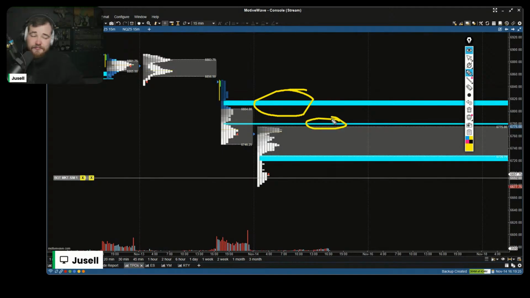These tend to be magnet levels. Not necessarily for today, but for next week, these could be really great levels to look for. We also have a poor high here in the overnight session, so that's gonna act as a magnet to the upside as well. Do I think that we will get to these levels today?